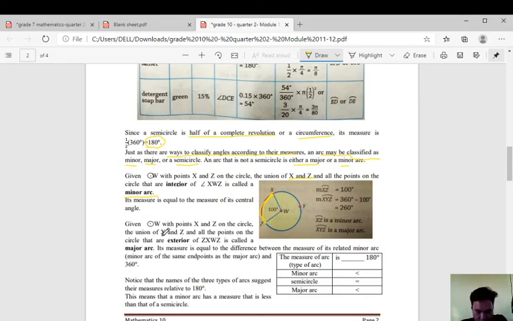So let's go with the major arc. Given circle W with points X and Z on the circle, the union of XZ and all the points on the circle that are exterior of angle XWZ is called a major arc. Its measure is equal to the difference between 360 degrees and the measure of its related minor arc, the minor arc with the same endpoints as the major arc.